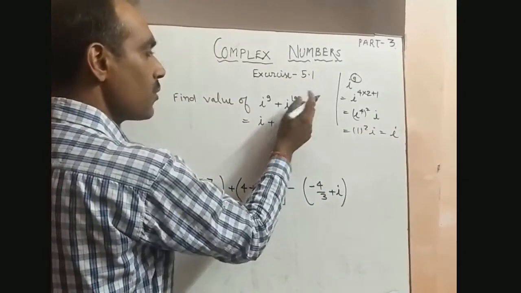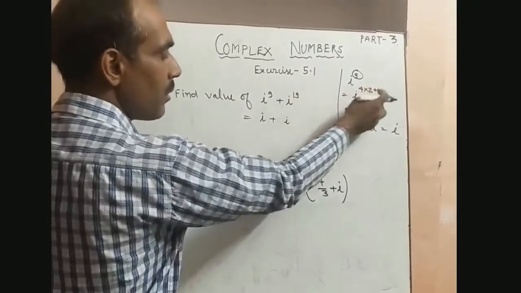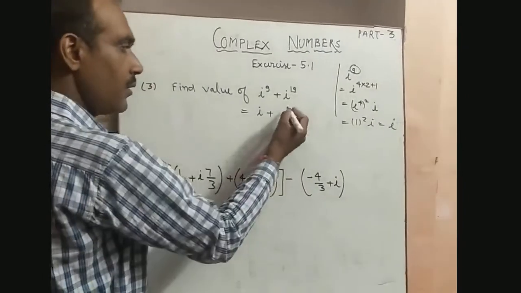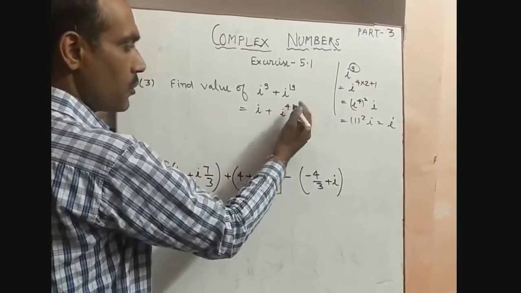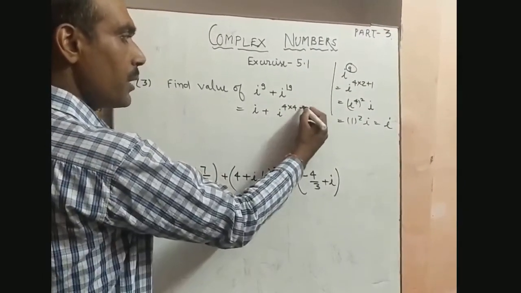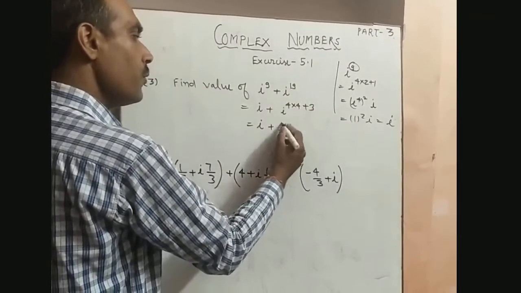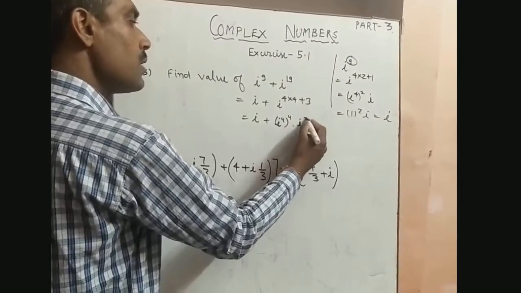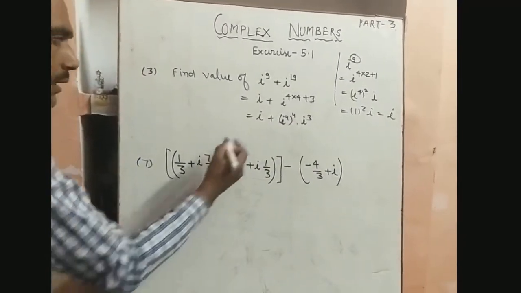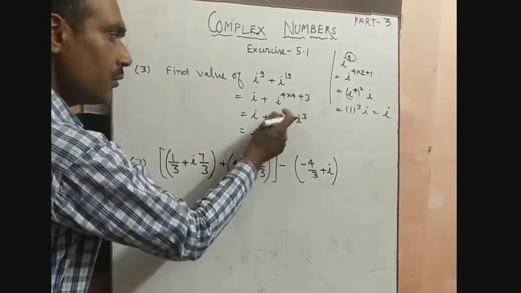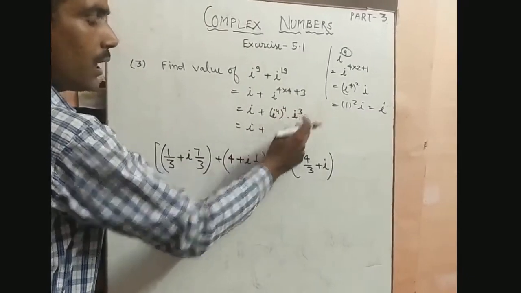Plus, here we also convert 19 into multiples of 4. Then 4 into 4 is 16, plus 3. Then i plus i raised to power 4 into 4 into i raised to power 3. Its value will be 1 into i cube.